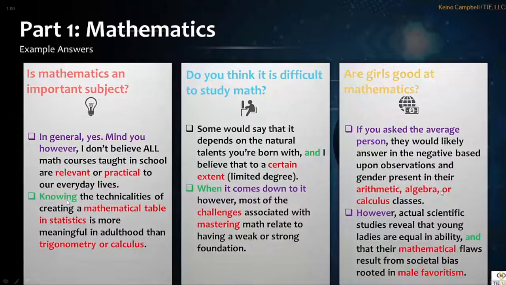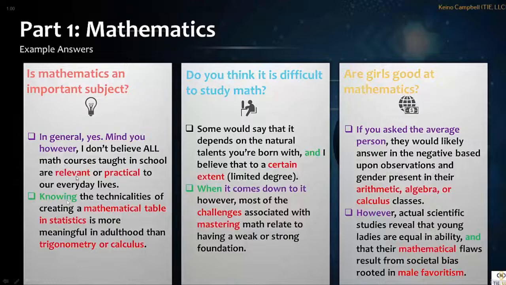Well, we have some really good fluency language in the very beginning, right? Mathematical table, statistics, trigonometry, calculus. Okay, I said, in general, yes. When you say mind you, however, that means that there may be some circumstances where that's not always true.